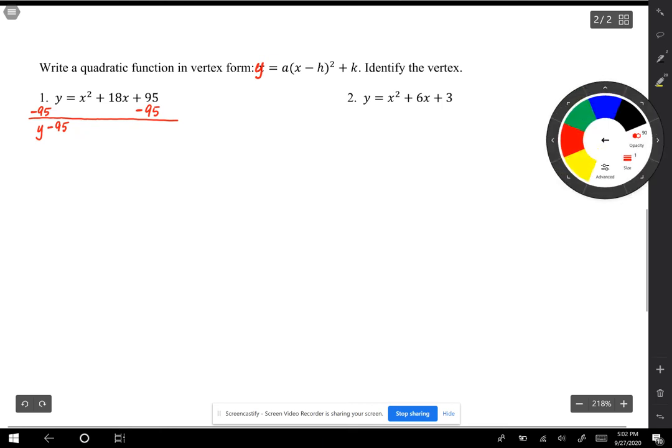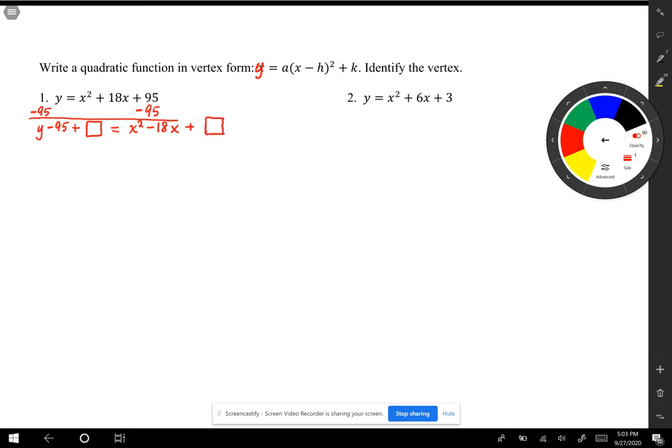We are going to put a plus because you're always squaring and draw your square. Equals x squared minus 18x plus another square.